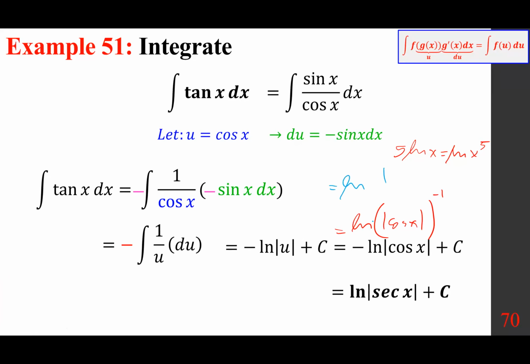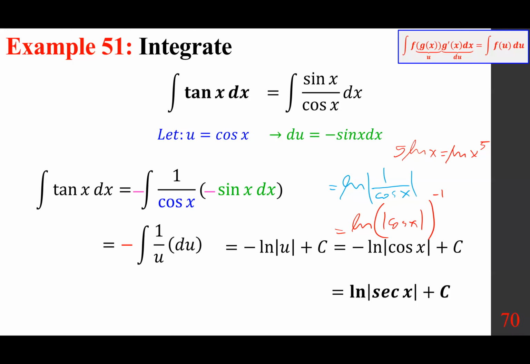Of course, everything is in the absolute value, okay? 1 over cosine x is secant x. So just wanted you to know, okay? All right, so those are substitutions.